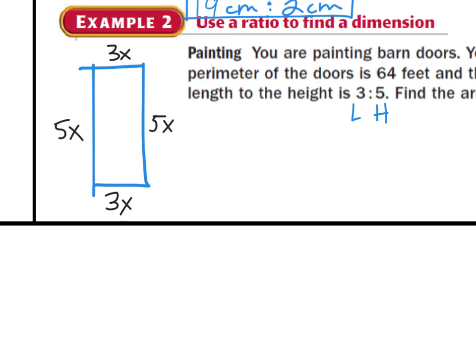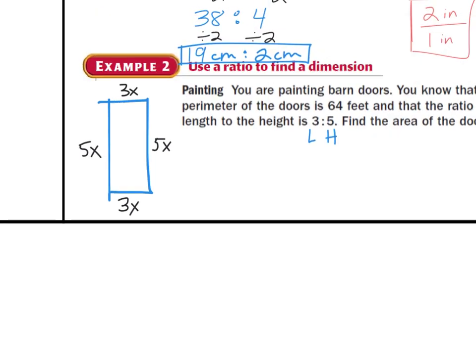How do we find the perimeter of a polygon? Jacob, how do we find it? How do we find the perimeter? Sweet. So we need to do that, and we know the perimeter is 64.